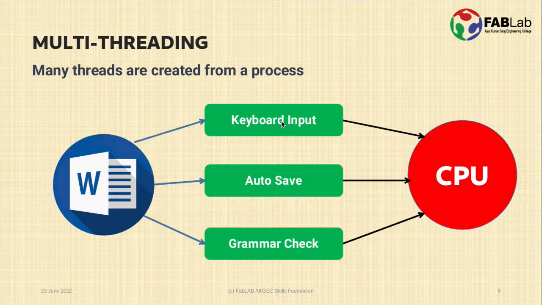Simultaneously, while we are typing, the grammar check or spell check program is also active. This thread checks whatever we are typing, whether we have typed the correct spelling or not. So this is an example of threads coming out of one simple task.